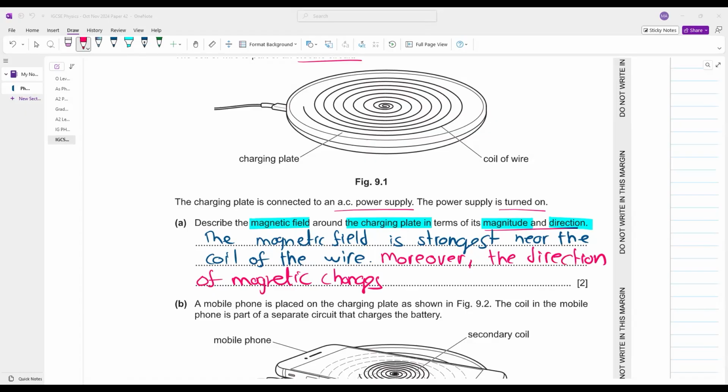Why? Because of alternating current or alternating power supply.